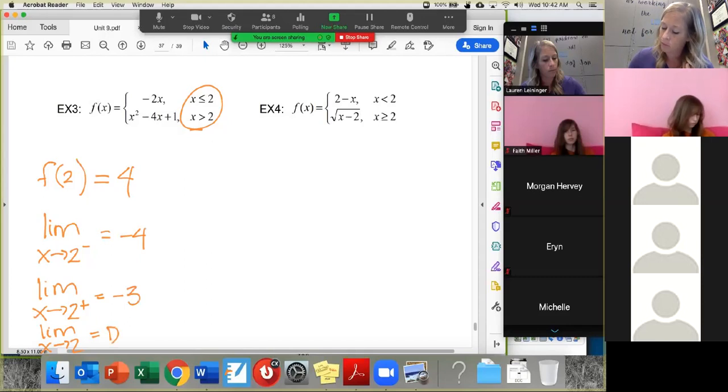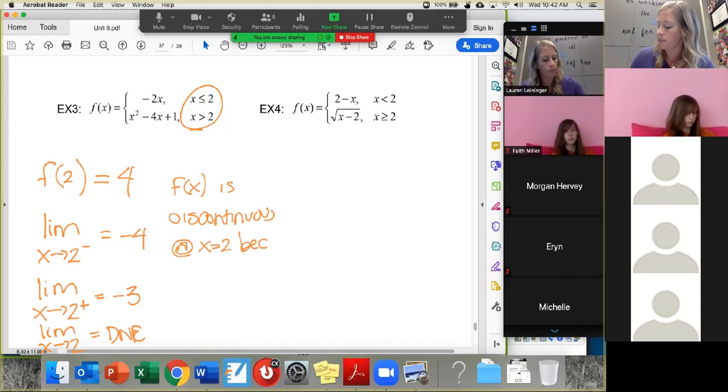It doesn't exist. Which then means that I can make my statement that f of x is discontinuous at x equals 2 because of what reason?